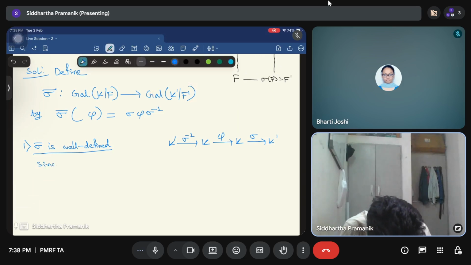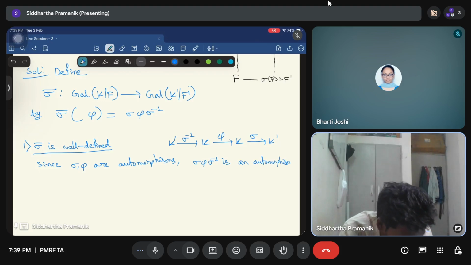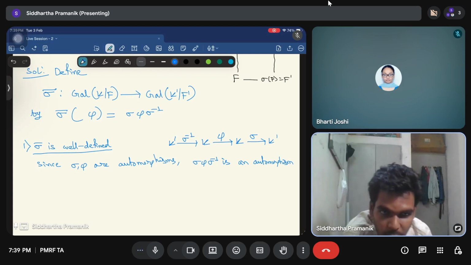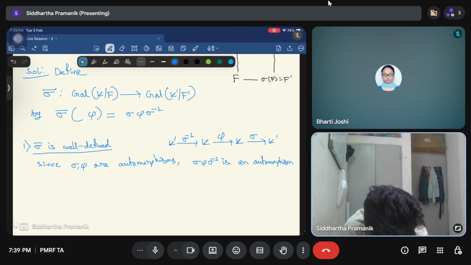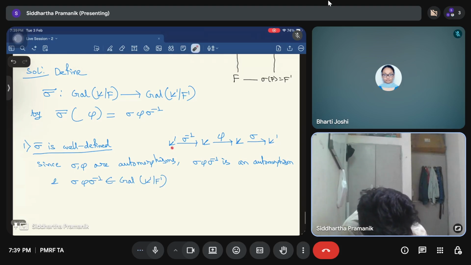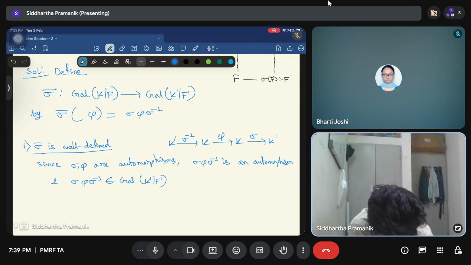Since sigma and phi are automorphisms, sigma phi sigma inverse is also an automorphism. These are just trivial things, so I am just writing the main points. And clearly sigma phi sigma inverse belongs to the Galois group of K prime over F prime, because we are getting this composition. So it is well defined.